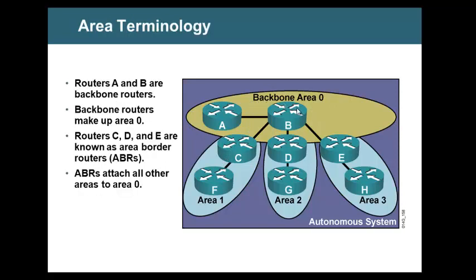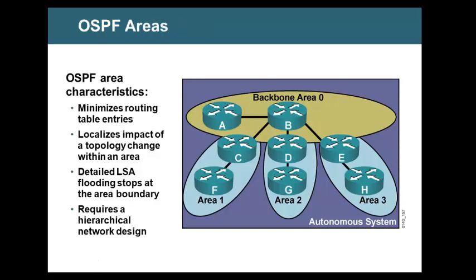Secondly, what is the advantage? Because you are all talking to one common area, if you summarize the route and send it to that common area, that summary route will be distributed to other areas. As a result, you can minimize the routing table entries because you are sending summarized routes and they are receiving summarized routes.